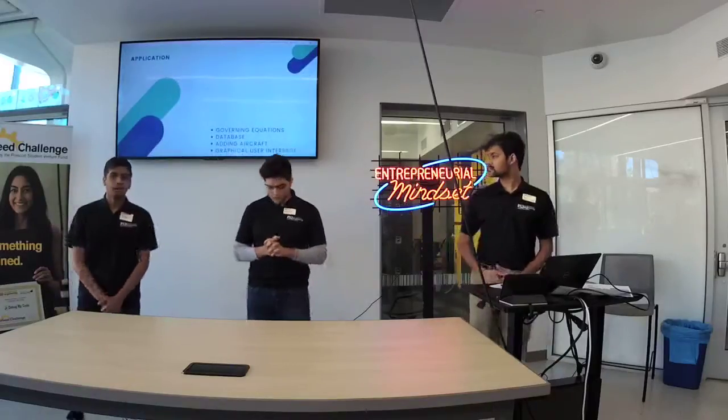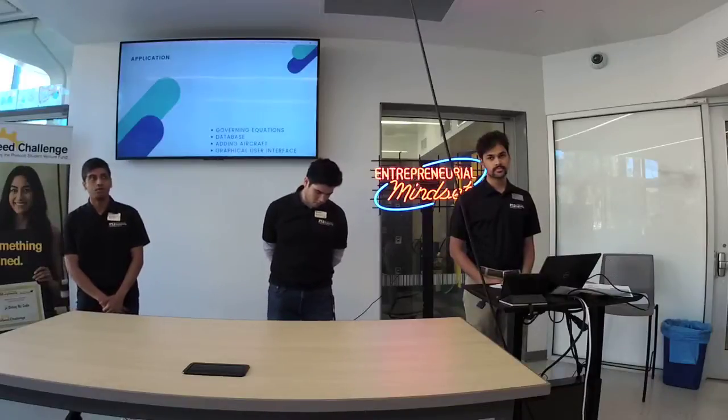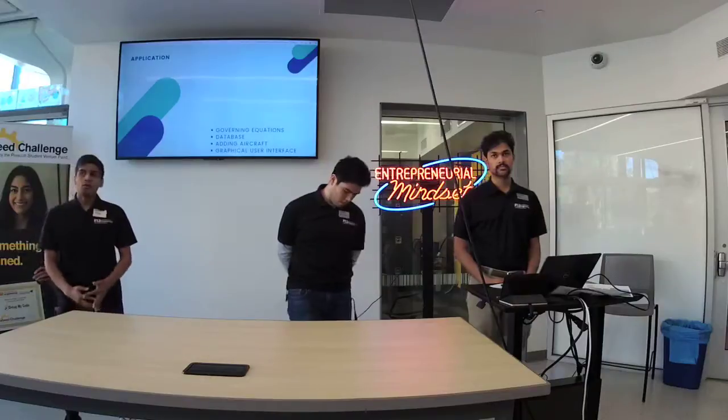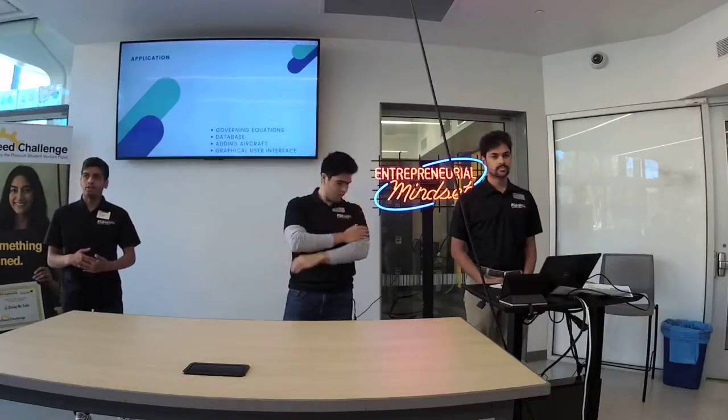So in order to reinforce our idea, we created a GUI, which is a graphic user interface, with C#. We created a database with the most popular airplanes that are used around the world, and we divided it into criteria such as their weight, their wingspan, and such.